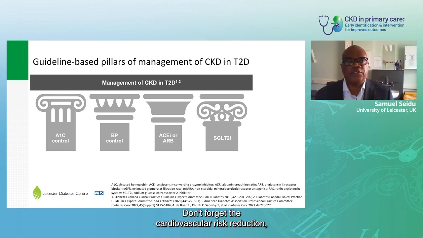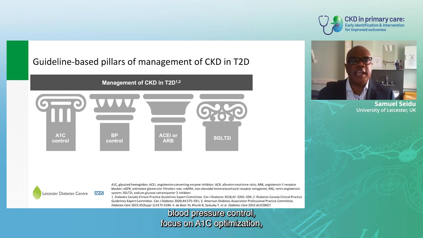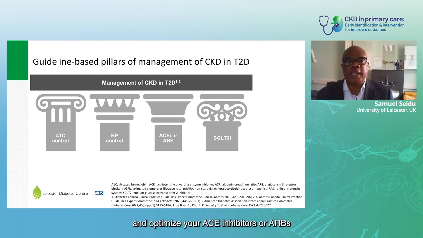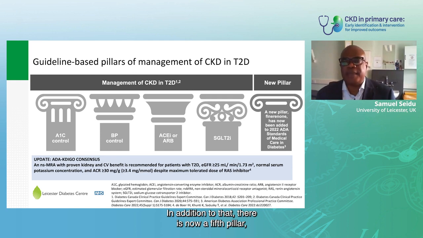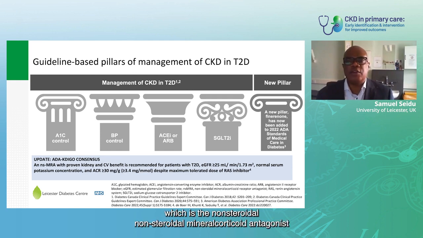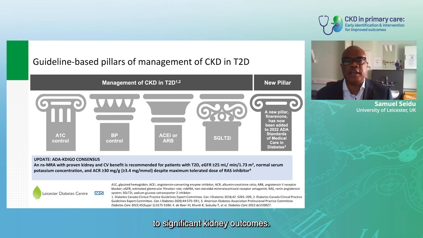Don't forget the cardiovascular risk reduction, blood pressure control, focus on A1C optimization, and optimizing your ACE inhibitors or ARBs and your SGLT2 inhibitors. In addition to that, there is now a fifth pillar, which is the non-steroidal mineralocorticoid antagonist, finerenone, the first one in the class, which has been shown to also lead to significant kidney outcomes. And in the next slide, I will just go through that.